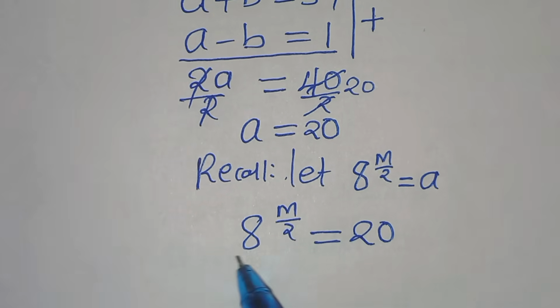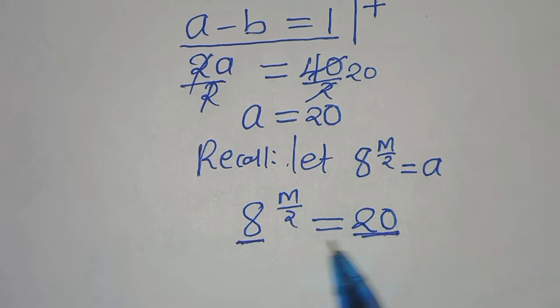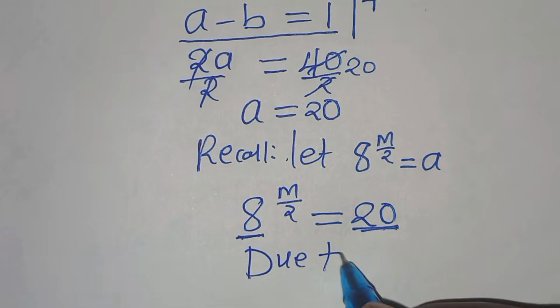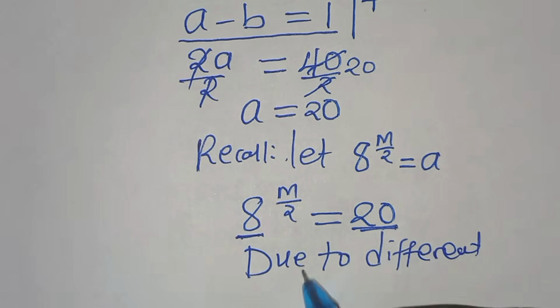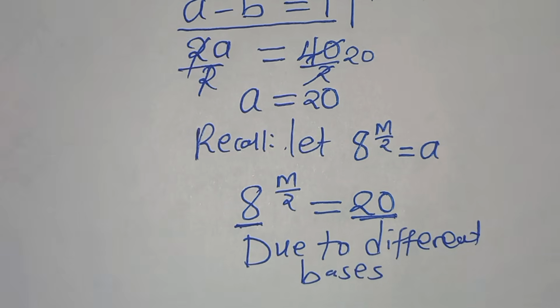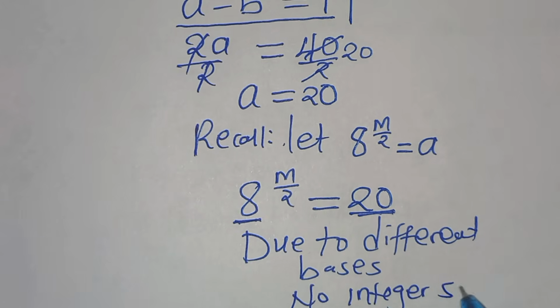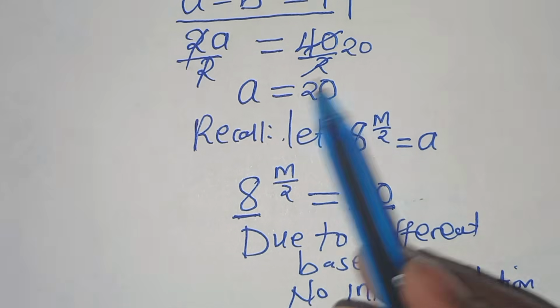Now, if we check the bases here, they are different, and due to different bases, there will be no integer solution that can be obtained from this part of a, which is equal to 20.